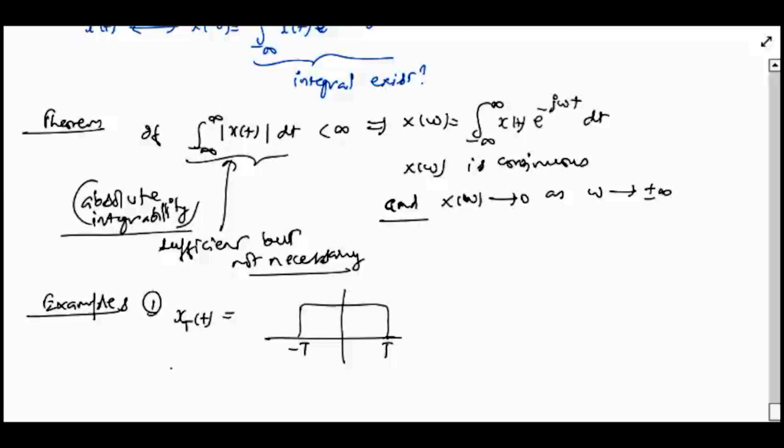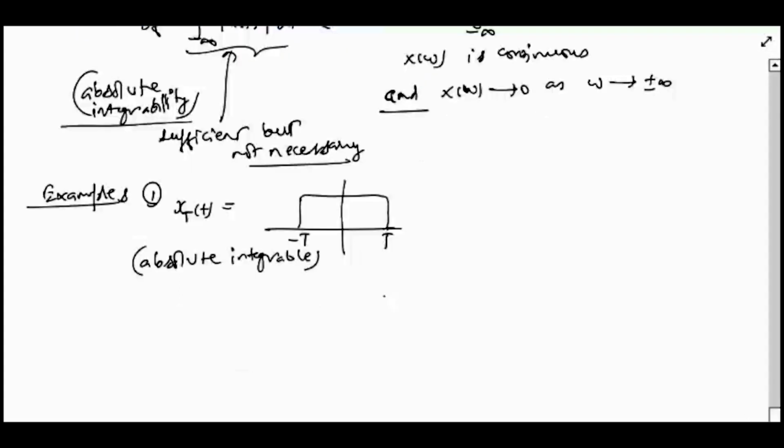So this x_T(t) is absolutely integrable, so its Fourier transform is guaranteed to exist. The same goes for this triangular signal, which was the convolution of two rectangular pulses.